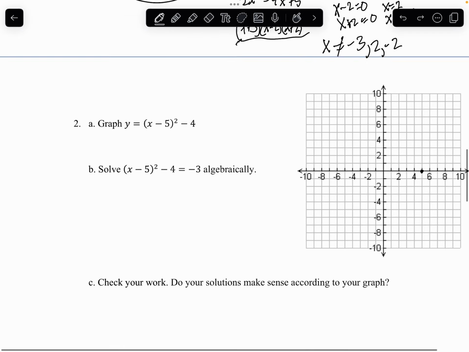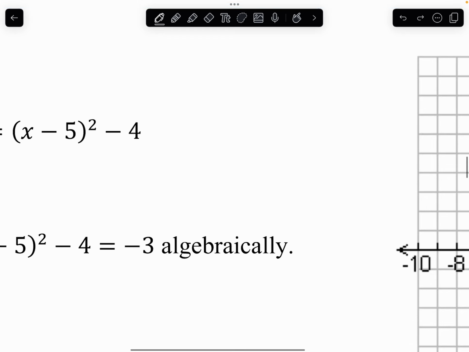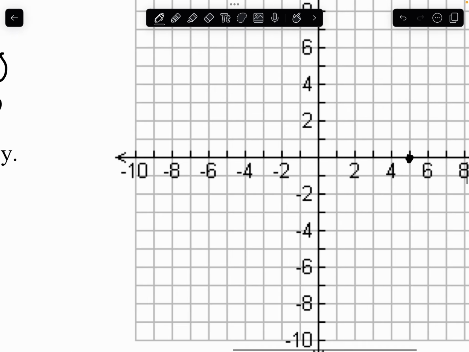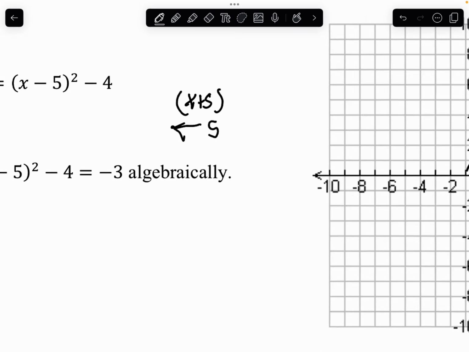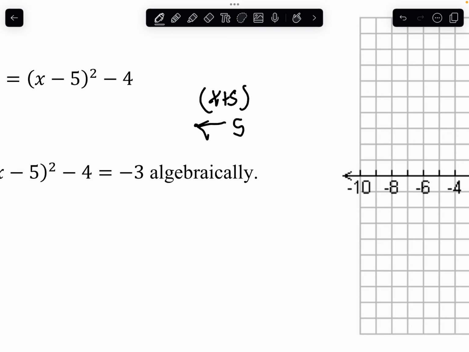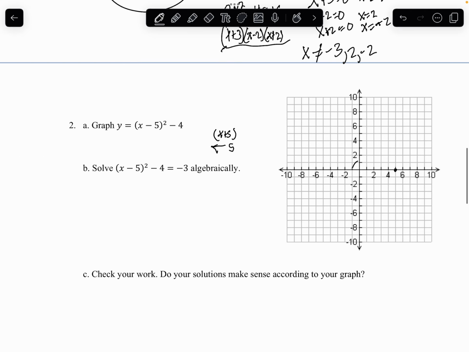And if it was x plus 5 in parentheses in the equation, it'd be left 5. You think of that as negative, but if it's in the parentheses with the x, it's the other way.